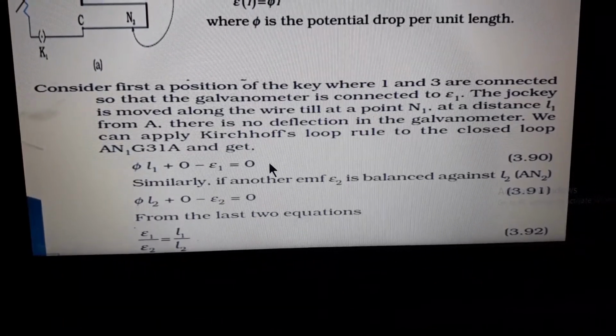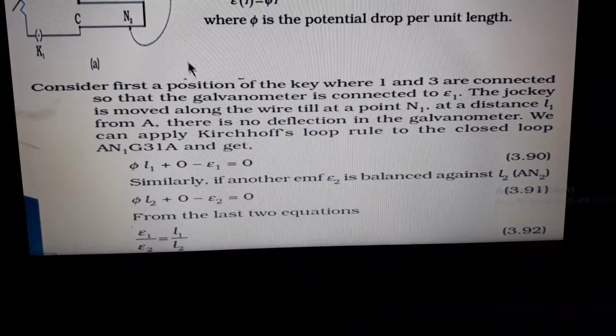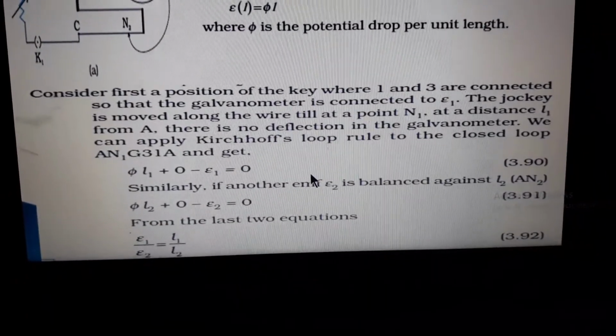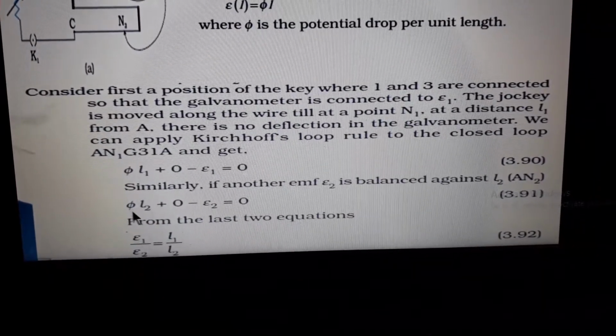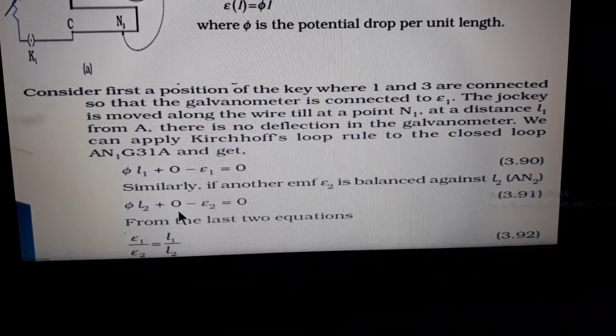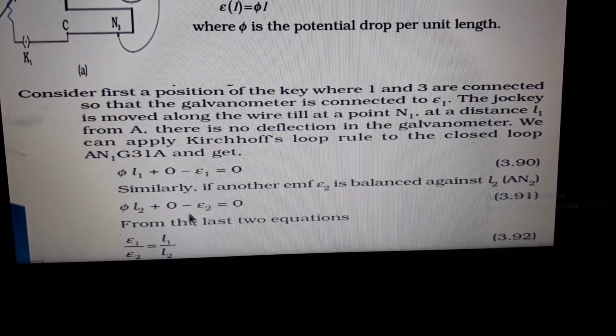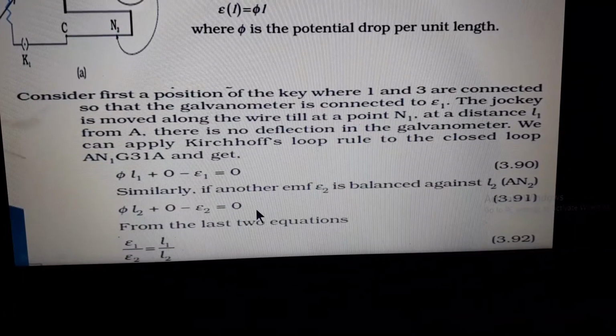Now in the next condition, when E2 is in the circuit, applying Kirchhoff's loop rule, phi into L2 plus 0 minus E2 is equal to 0.